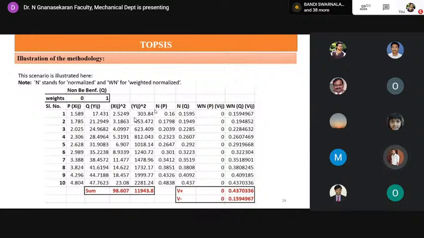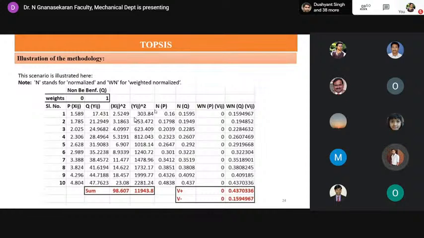So the fourth and fifth columns are simply the squares, and the sixth and seventh columns are the normalization which was proposed in step 1. So normalization of the pumping power and normalization of the heat dissipation are shown there.